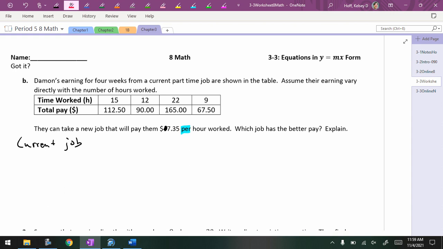What's the change from 15 to 12? Minus 3. How about 12 to 22? Plus 10. 22 to 9. Minus 13. Now go on the other side. 112.50 to 90.